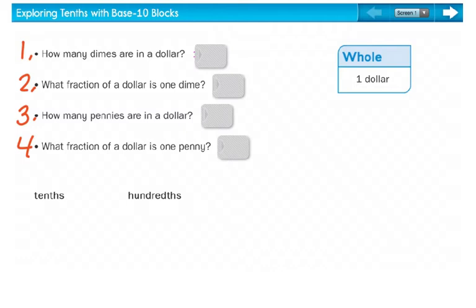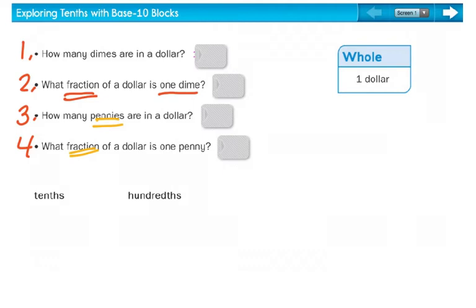What fraction of a dollar is just 1 dime? Then I have a question about how many pennies. How many pennies are in a dollar? And what fraction of a dollar is 1 penny? Would you please write the answer to these 4 questions? Go ahead and pause the video.